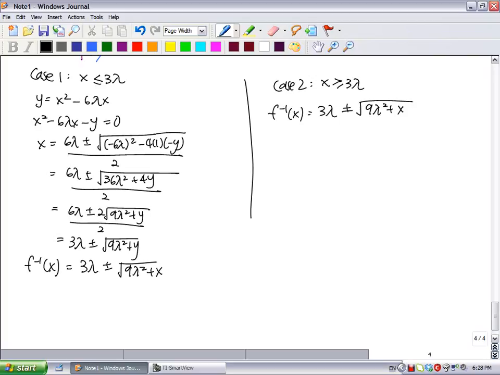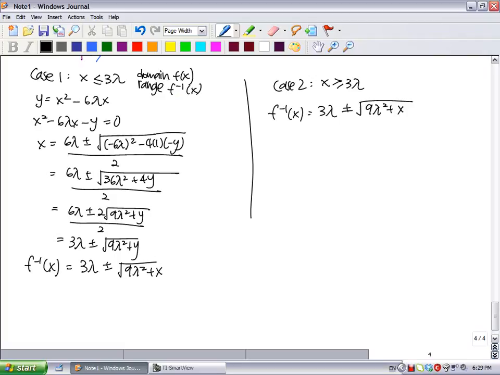So I'm going to leave it as plus minus, but if we think about it, if my original domain of f(x) is x less than or equal to 3 lambda, then my range of f inverse x also needs to be x less than or equal to 3 lambda.